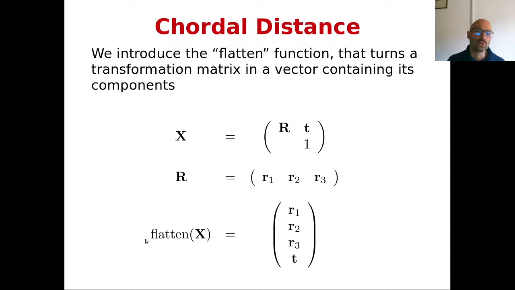I could introduce an operator, which is super straightforward, super stupid, which I call flatten of X, that given a transformation matrix returns this vector over here, R1, R2, R3, and T. How big is this? Well, 12, because each of these things has dimension 3. Okay?